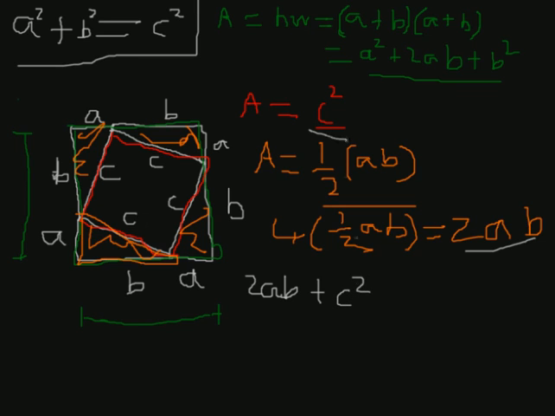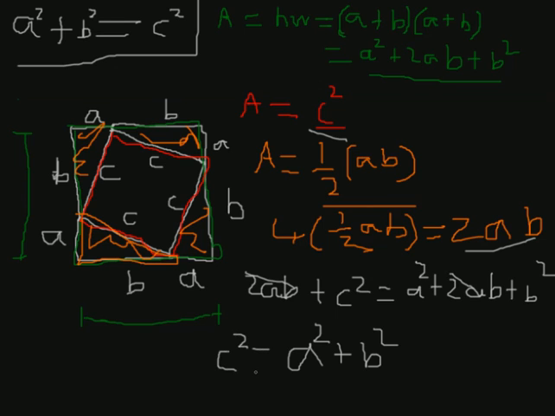which comes from there, is equal to a squared plus 2ab plus b squared. Now if we subtract 2ab from both sides, we get c squared is equal to a squared plus b squared, but just reversed.